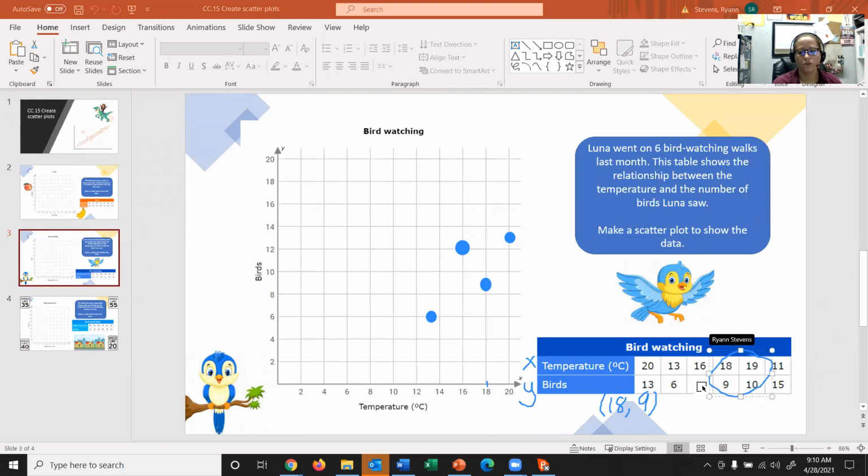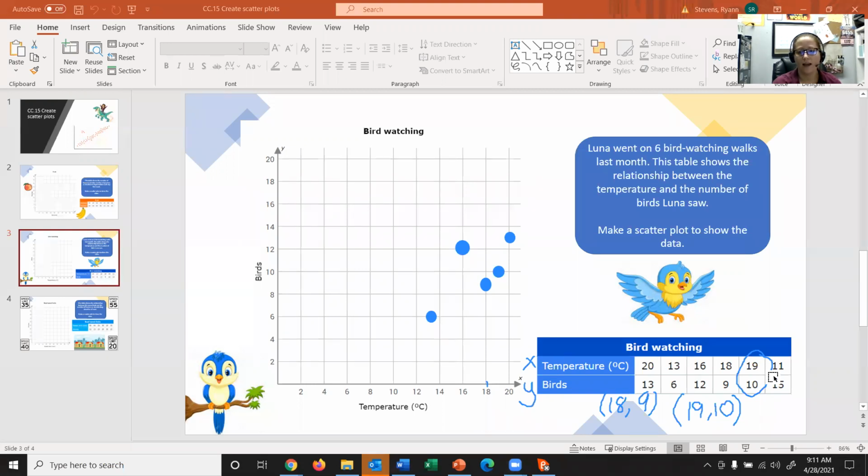And then we'll go to 19 and 10. Go right about between the 18 and the 20, and then we'll go up to 10, right about here.